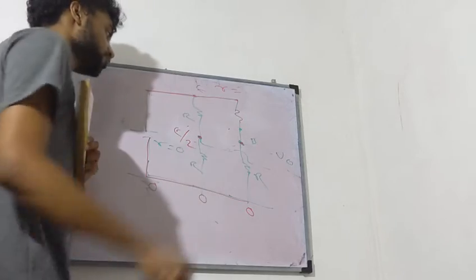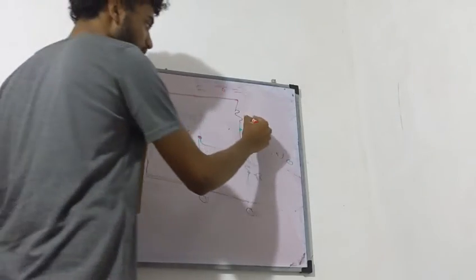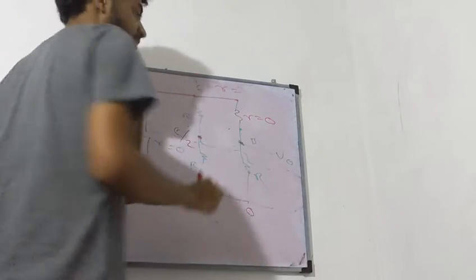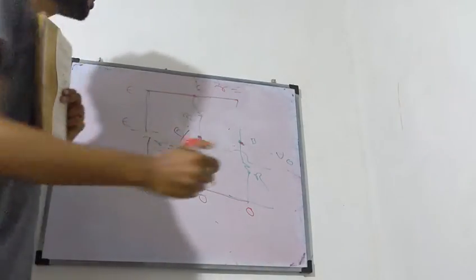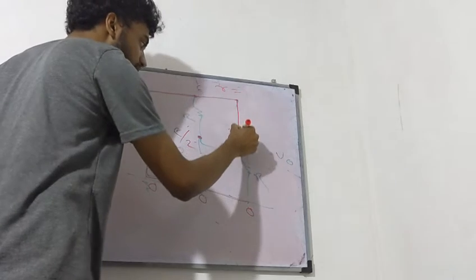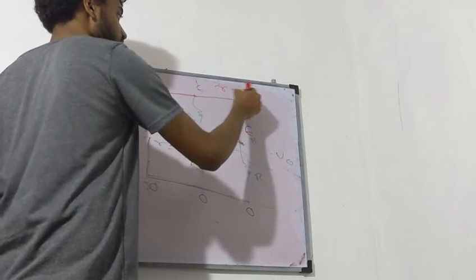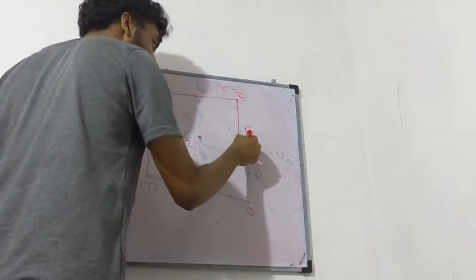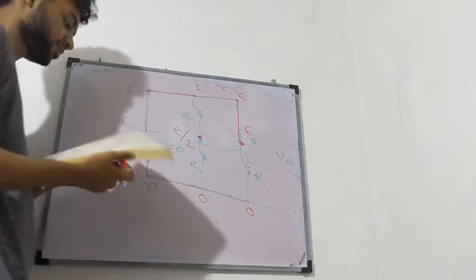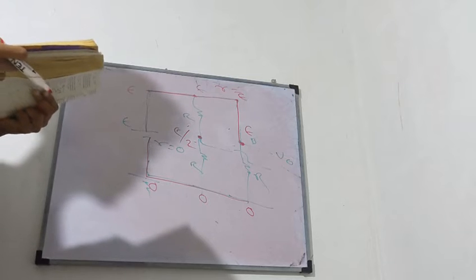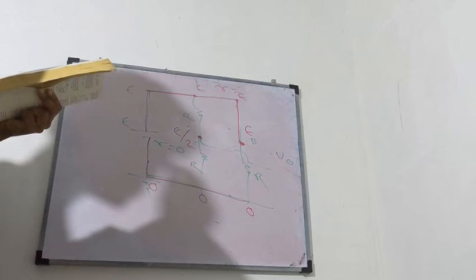This is always E upon 2. But if I make this 0, it's like a straight conducting wire. Then E continues. Here was E, here was E. E continues. Therefore, E here and E upon 2 here.